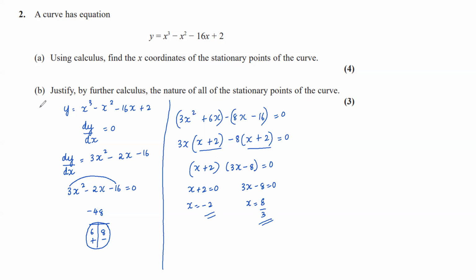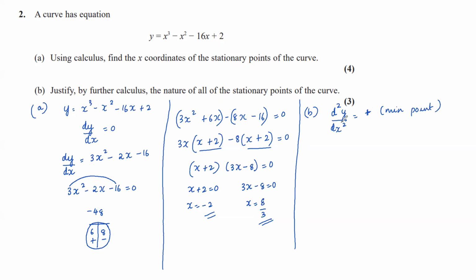So the first part, A part, is done. We found the x coordinates of the stationary points. Now, the B part: by further calculus, find the nature of all the stationary points of the curve. To find the nature of the stationary points, we need to find d squared y by dx squared, the second derivative. If it's a positive number, it is a minimum point.